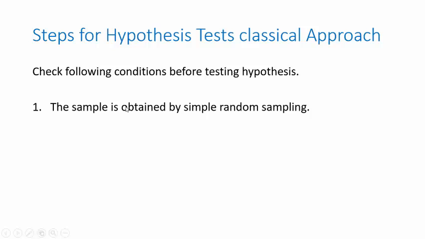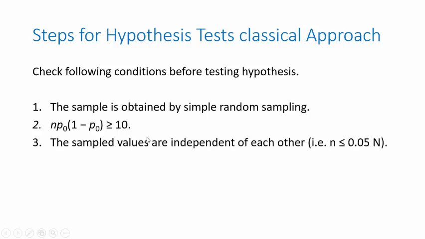The first is that the sample is a random sample. The second condition is that n times p0 times (1 minus p0) is greater than or equal to 10, where n is the sample size and p0 is the proportion value in the claim.